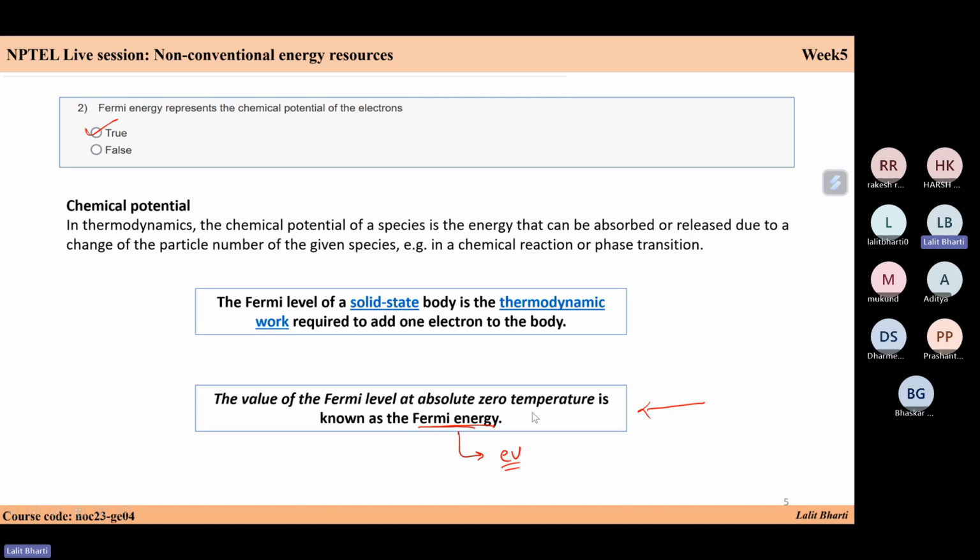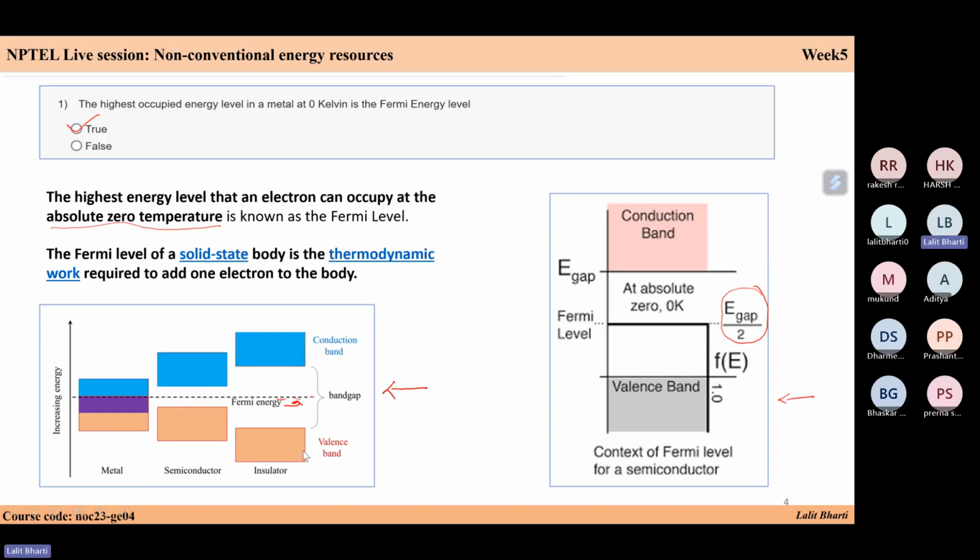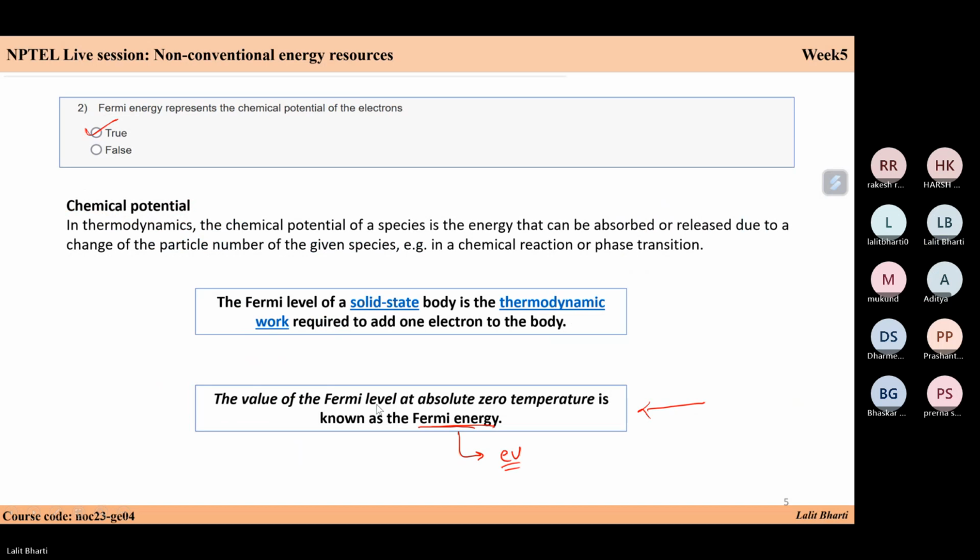The value of the Fermi level at absolute zero temperature is known as the Fermi energy. So this is your energy level, and the absolute value of this energy is called the Fermi energy. So, Fermi level to Fermi energy. This statement is again true.